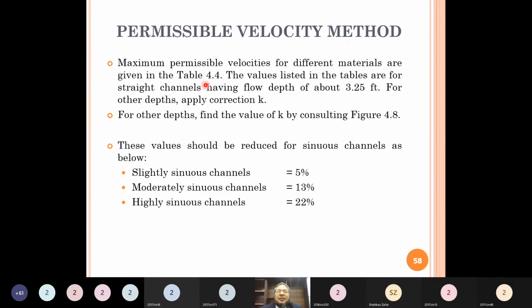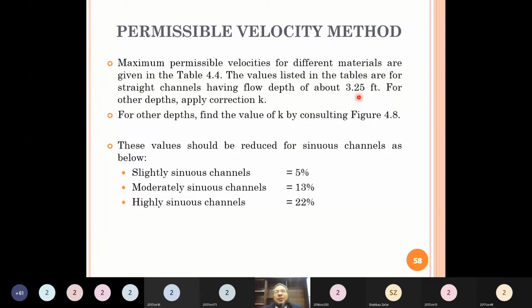These values given in the table are for straight channels with 3.25 feet depth of flow. So it means you need to apply a correction. If the depth of flow of the channel you are designing is different from 3.25 feet, then you have to apply a correction factor, K.